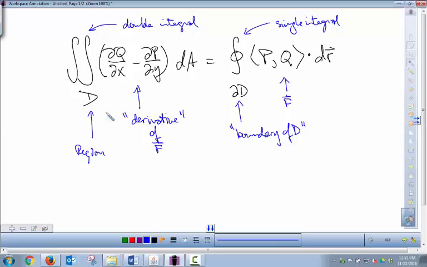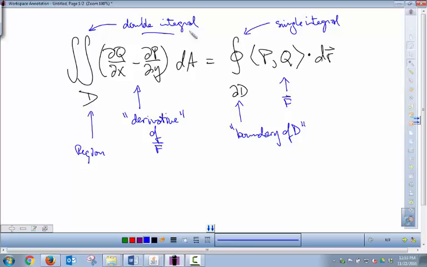So if we look at this with a really critical eye, we're saying that the integral of something over some region is going to be equal to the original function. Well, it's the integral of the original function over its boundaries. So it's like going one integral down.